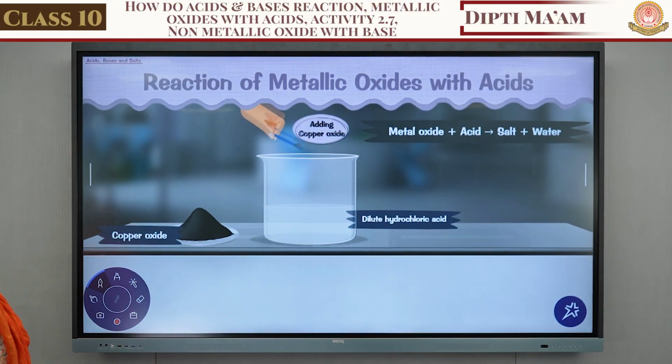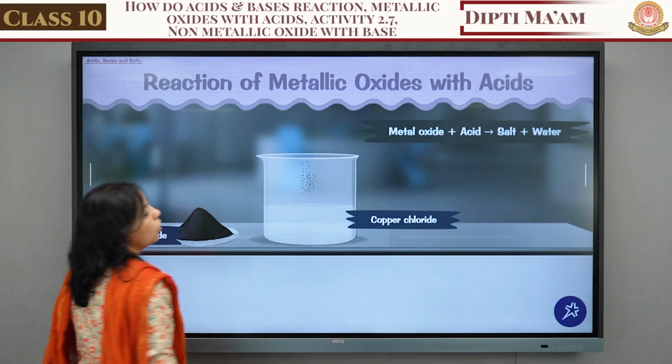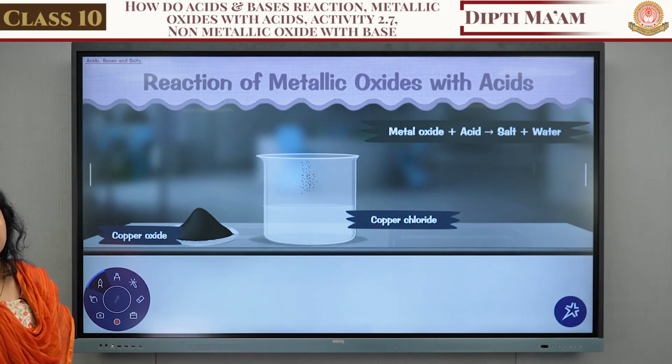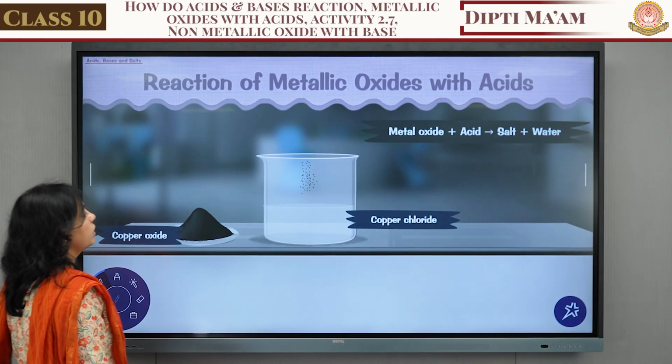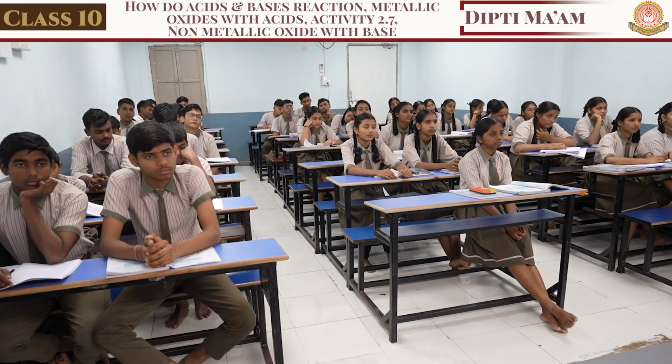So let's see, we add some powder of the copper oxide to dilute hydrochloric acid. Then this copper oxide reacts with the acid and forms copper chloride. What is the formula of copper chloride? Copper, that means Cu. What is the valency of the copper?